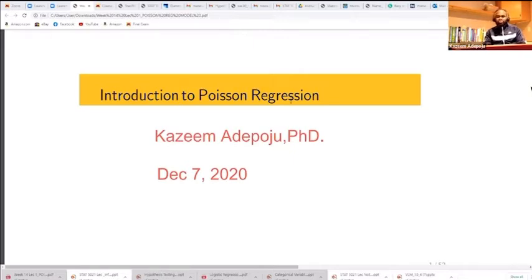We may also want to talk about the number of accidents that will occur in the city of Chicago in a week, or the city of Minneapolis, or Philadelphia, or San Francisco, or a particular city in a week. That's count data.